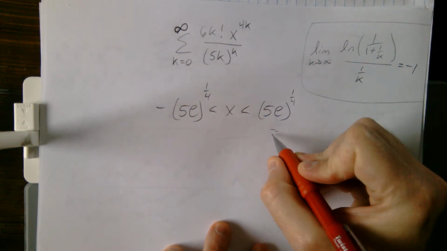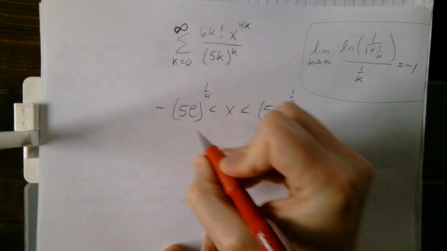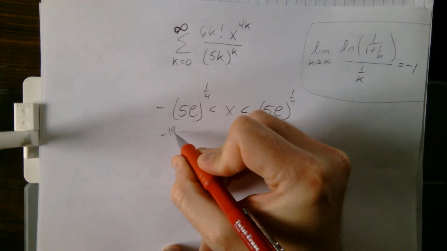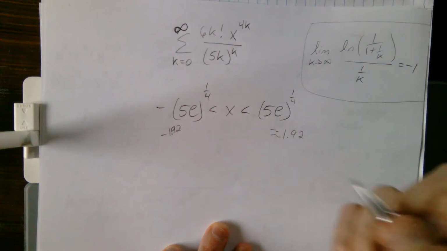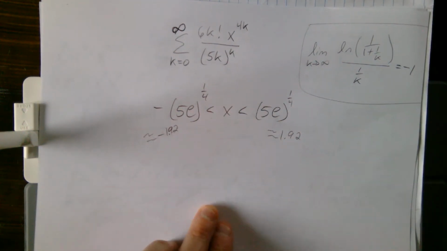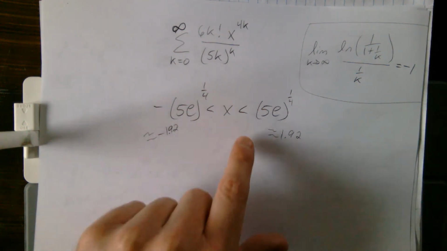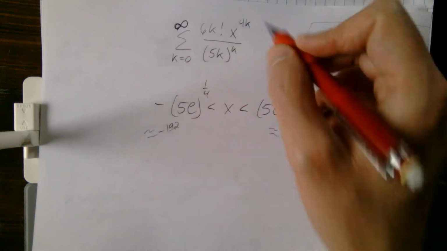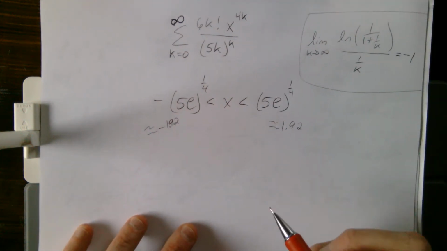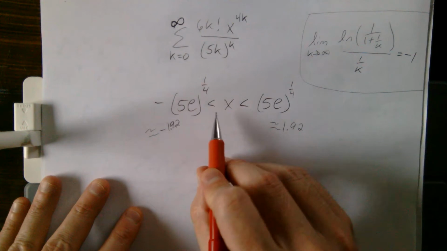This is roughly 1.92, negative 1.92. So for fun, you could plug in -1 or -0.5 or 0 or 1 for x, and all of those should converge.